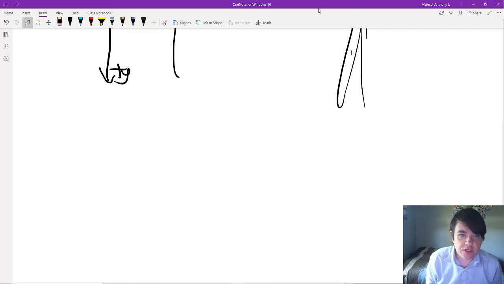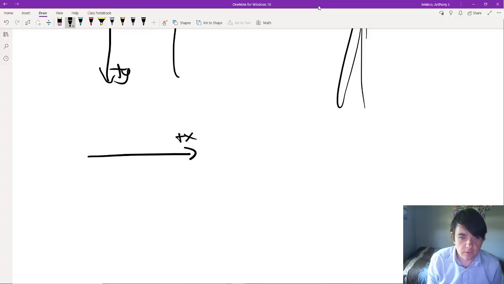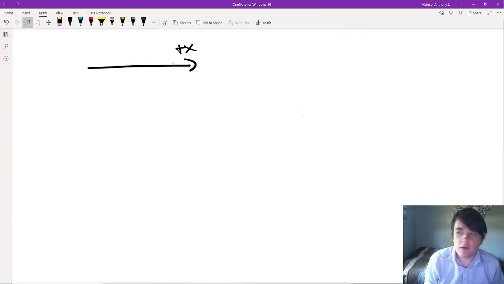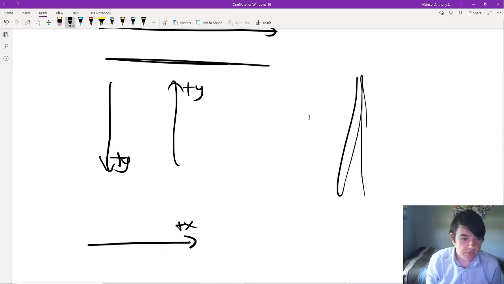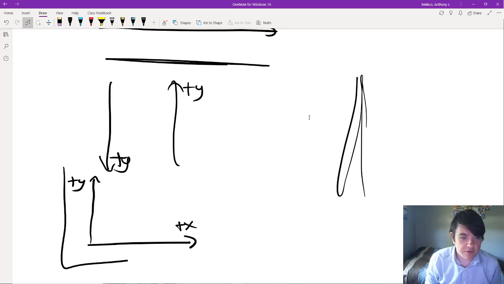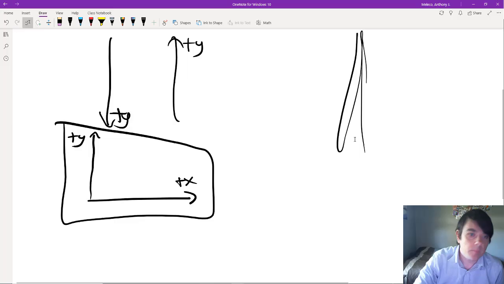So 2D motion combines this. We'll have a plus x and a plus y, and this will be our standard Cartesian coordinate system.